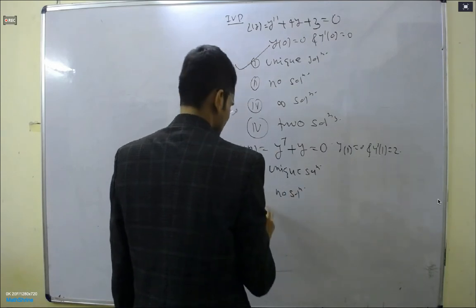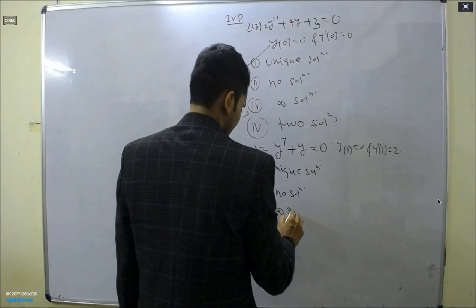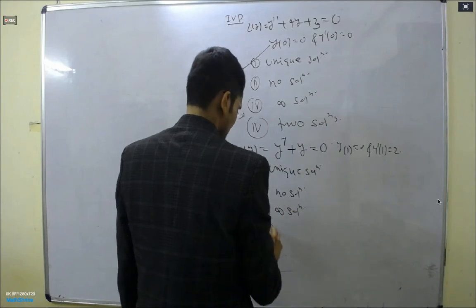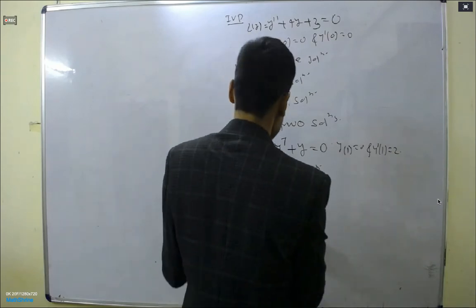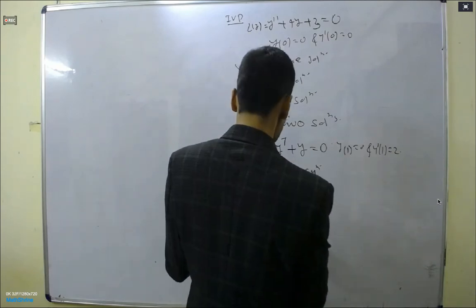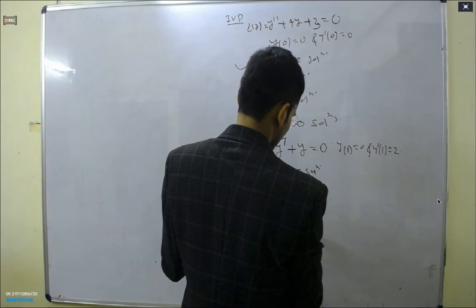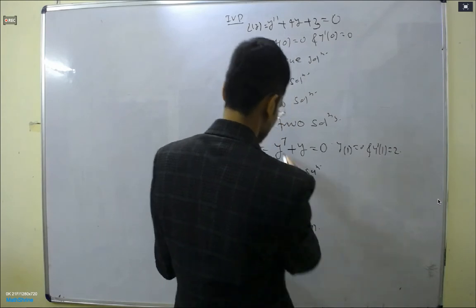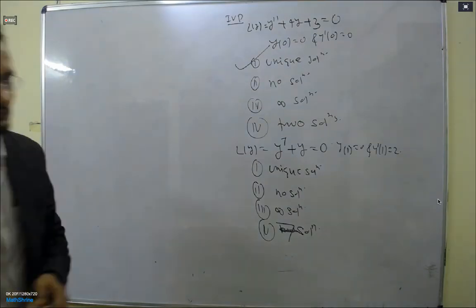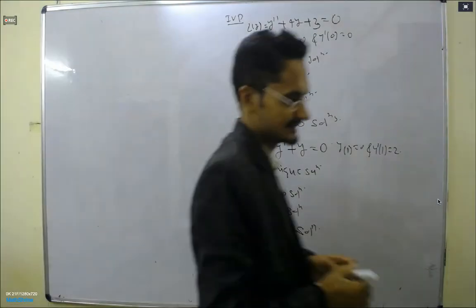Every student of math, this is my request: get 25 out of 25 from the ODE. And I believe if you can close your eyes now, then your complex analysis will give you a minimum of 30 marks and ODE will give you a minimum of 20 marks. So you have 50 already done.